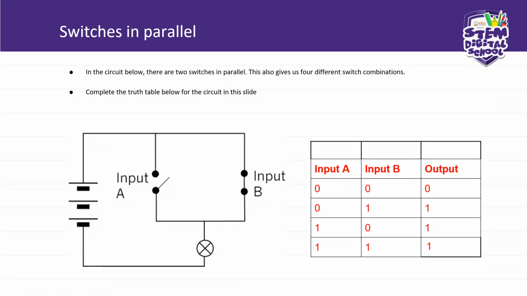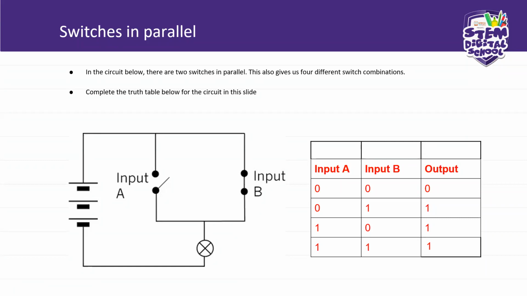If this switch is open and it interrupts the flow of current, the current will follow a route that will allow it to flow. So that is the beauty of parallel connection of switches. It means the lamp will shine if one of the switches is closed.